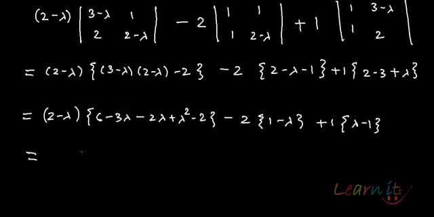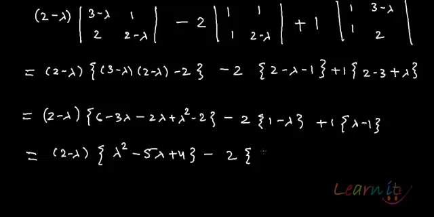And this eventually will give us 2 minus lambda, and here you will have a lambda square minus 5 lambda plus 4, minus 2 into, in fact now I can just open this bracket, plus 2 lambda plus lambda minus 1.